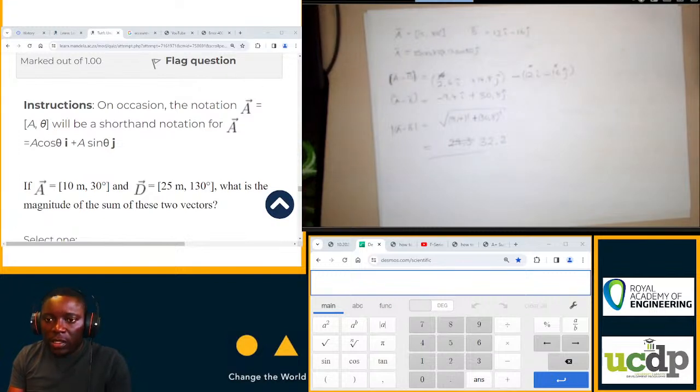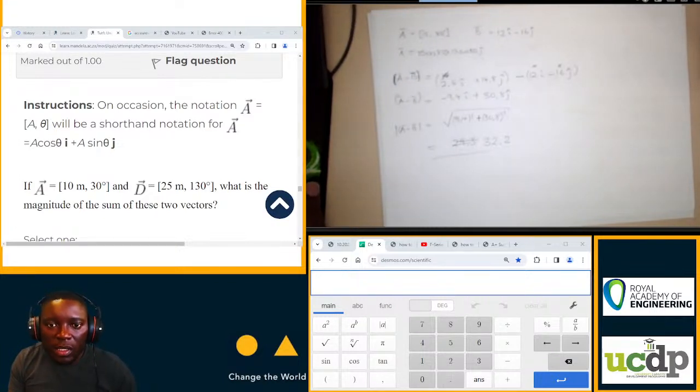Let me just check if there is something I can do with the resolution.